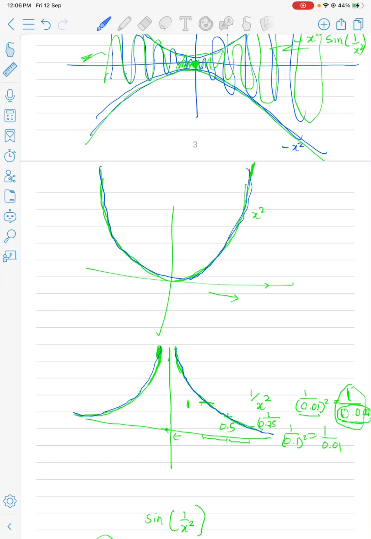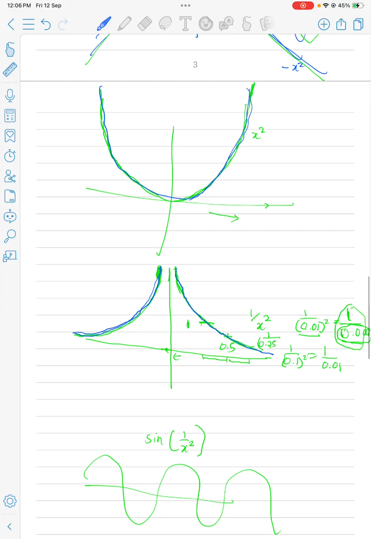Now just see this: x square and 1 by x square. Here it will get closer to 0. Once it gets closer to 0, this will increase arbitrarily large. So here the rate of change is very fast. This almost becomes parallel to this one. So here it increases very fast.